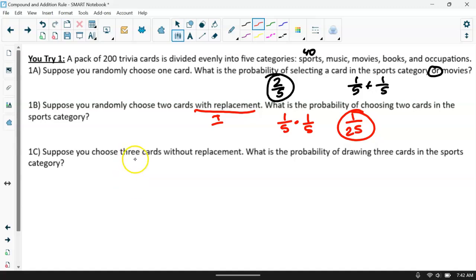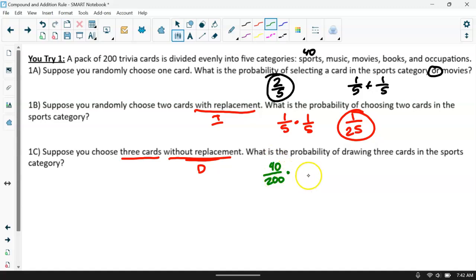Suppose you choose 3 cards but without replacement. So now this is a dependent situation. What is the probability of choosing 3 cards in the sports category? So here I won't simplify so you can see. So the probability of getting the first sports card, right, is the 40 out of 200, which is 1/5.